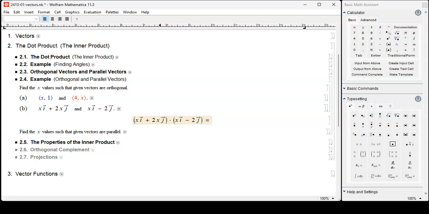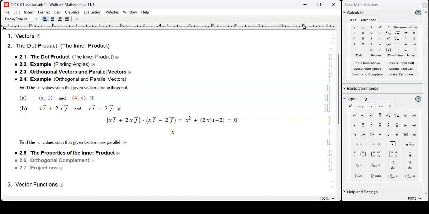So multiply the x coordinates, x squared, and multiply the y coordinates, 2x times negative 2. That has to be 0. Okay, so what do we have here? x squared minus 4x equals 0.